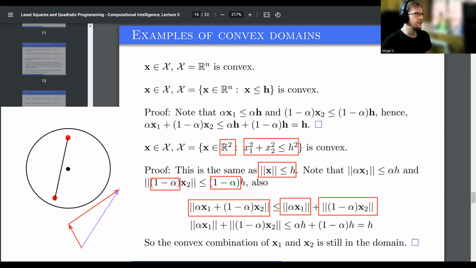Yeah, it's related to those theorems about triangles and so on, like the sum of the lengths of two sides would have to be greater than or equal to the length of the other side, etc. All of those are just fundamental ideas in vector spaces.